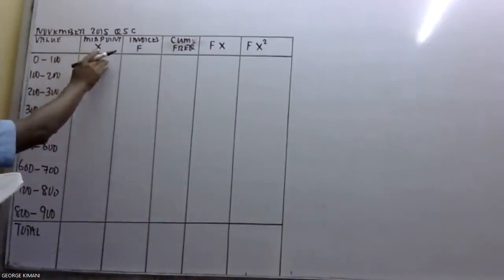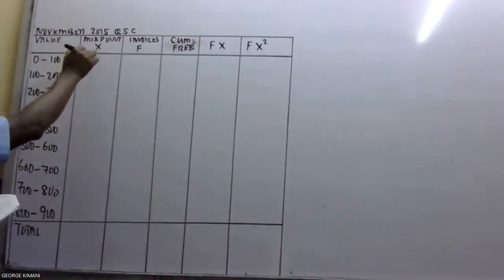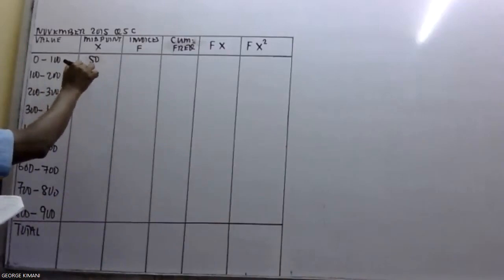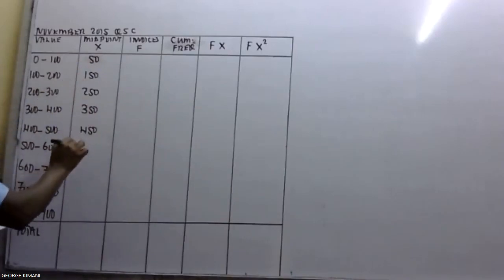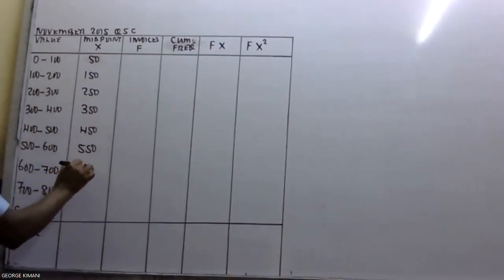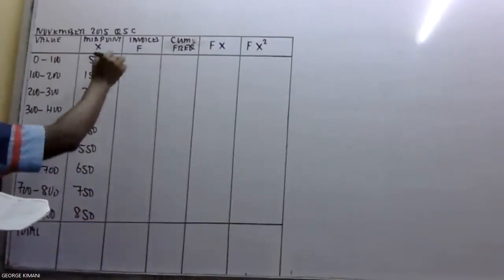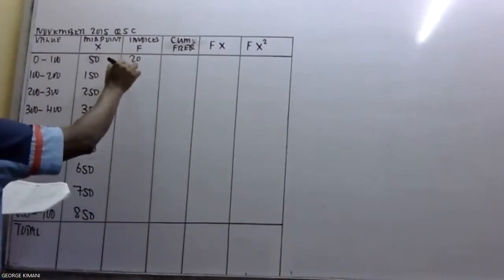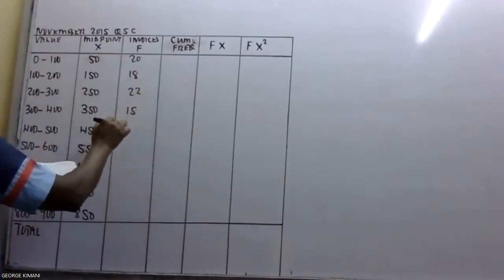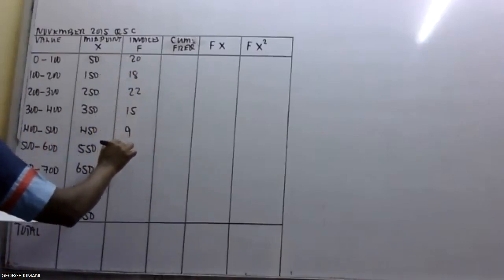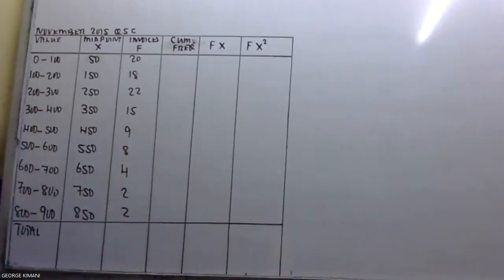So this is midpoint. Midpoint, you add the two limits, divide by 2. So this is 50, this is 150, 250, 350. So this is 20, this is 18, this is 22, this is 15, this is 9, this is 8, 4, 2, and 2.